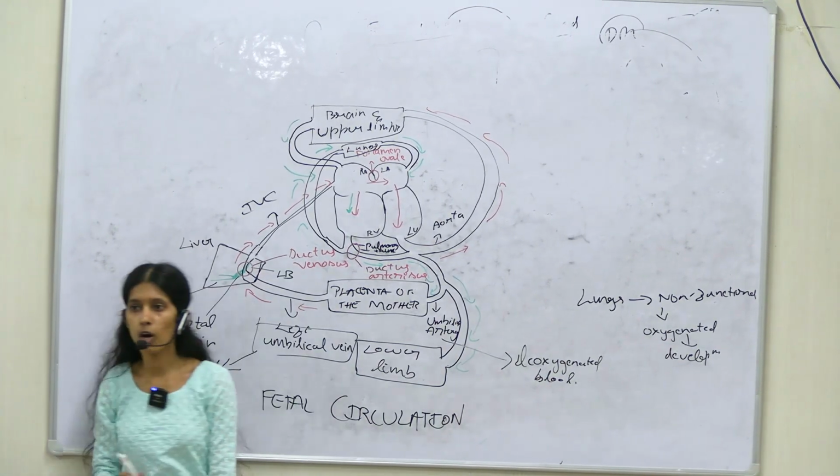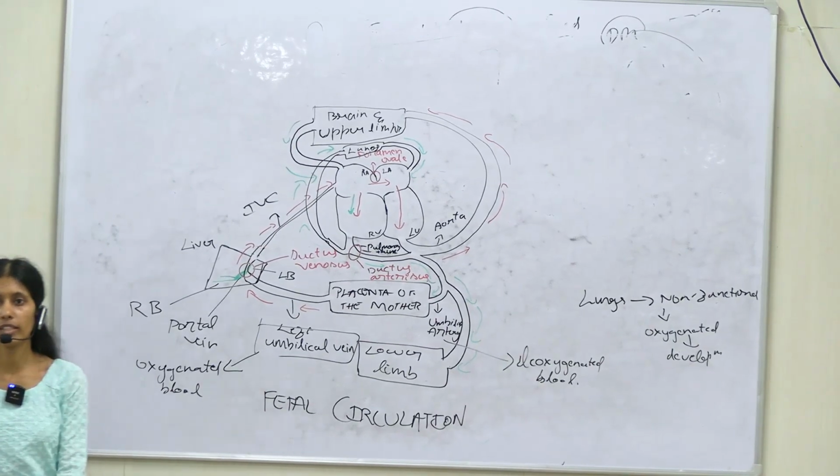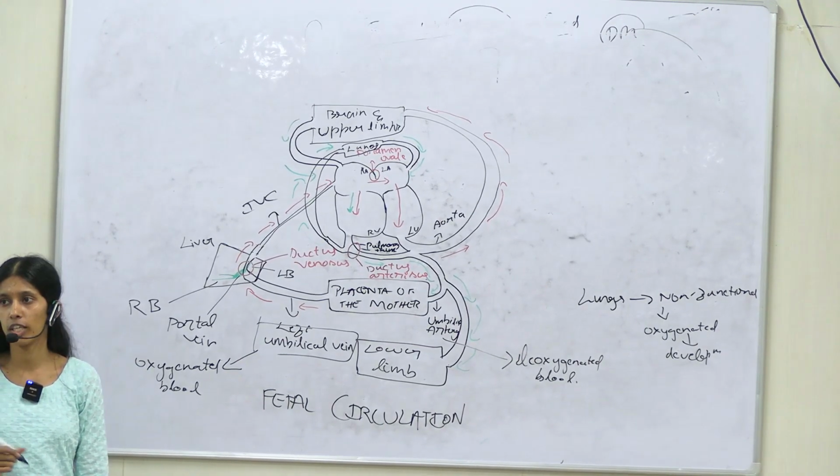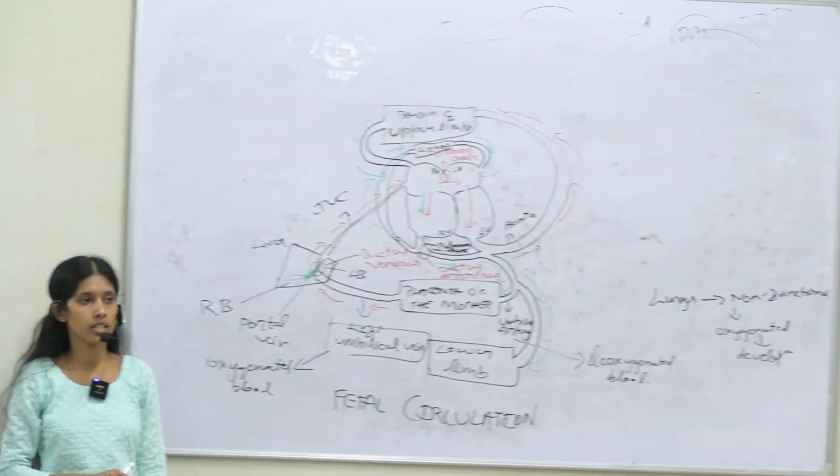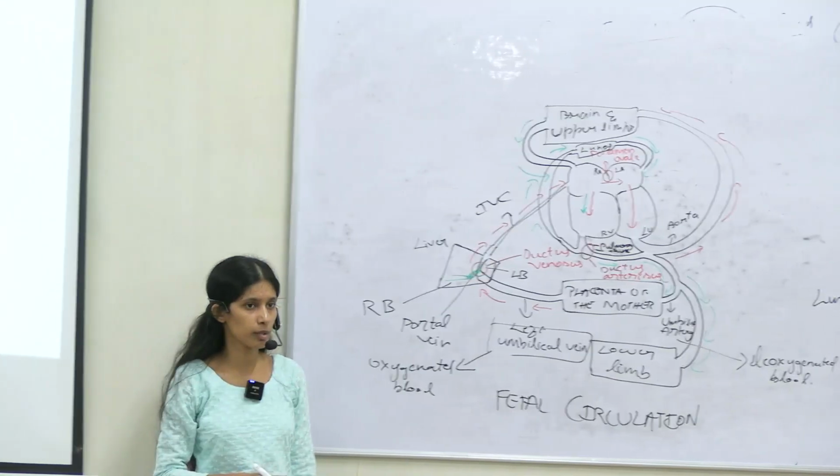But in adults, the oxygenated blood is carried by the arteries and deoxygenated blood is carried by the veins. So, there should be some changes that take place after the birth.